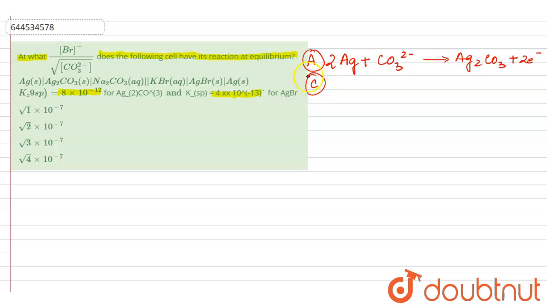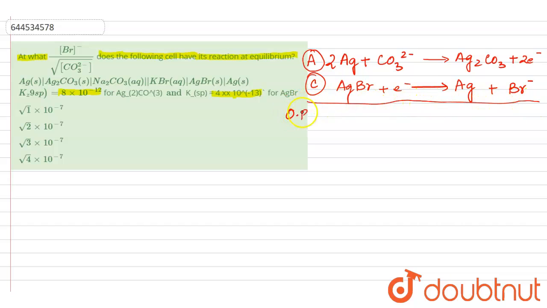Now, the second would have been the cathode, where AgBr is changing in the presence of electrons. One electron is taken, and AgBr converts into Ag plus Br minus. This is the reaction that takes place on the cathode.